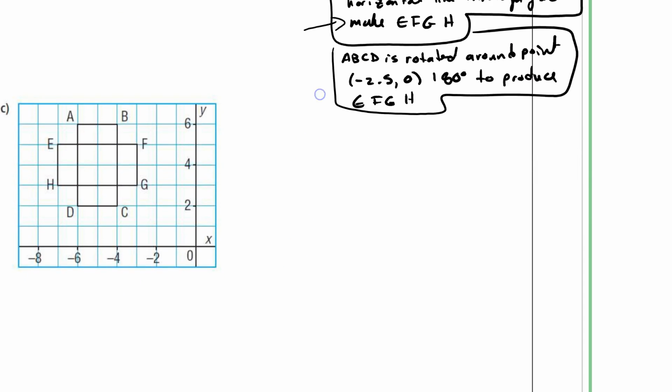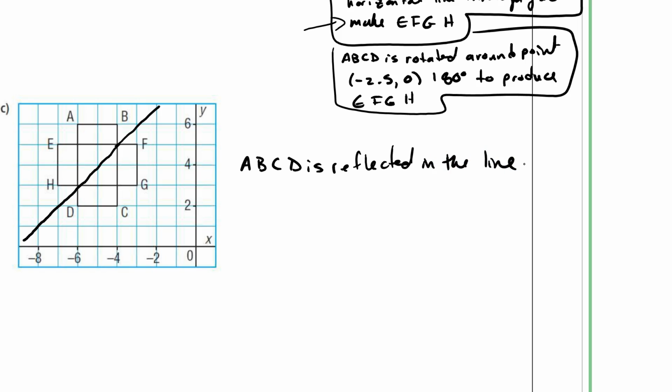What about C? Well, for me, I see a reflection before I see the rotations always. Okay, so I would say that ABCD is reflected in the line through points.